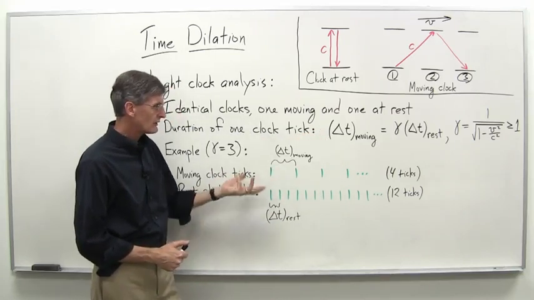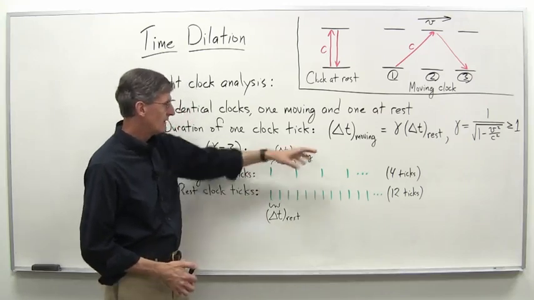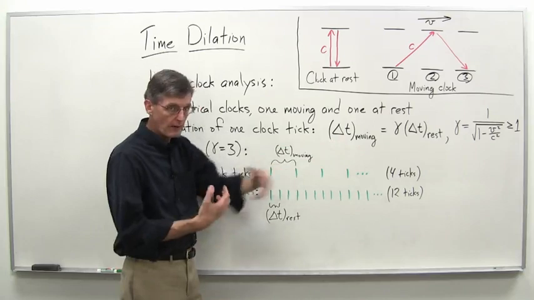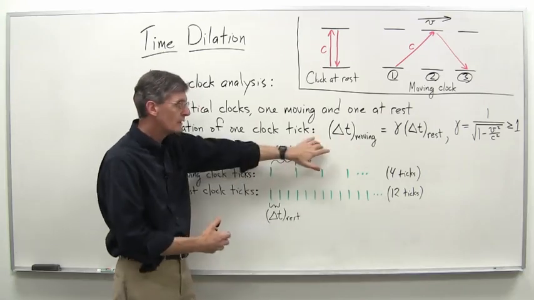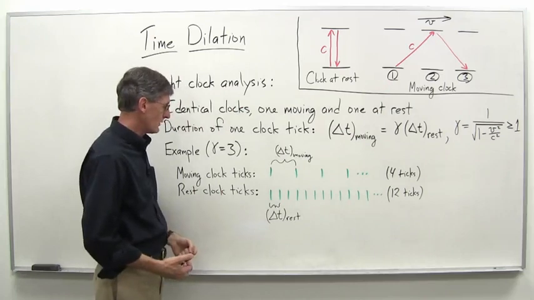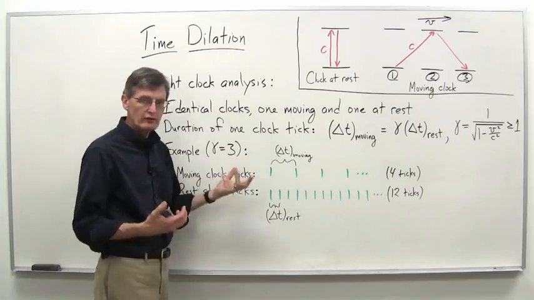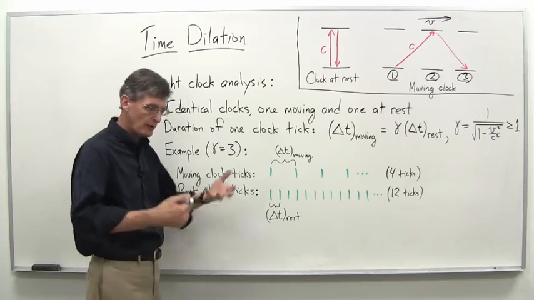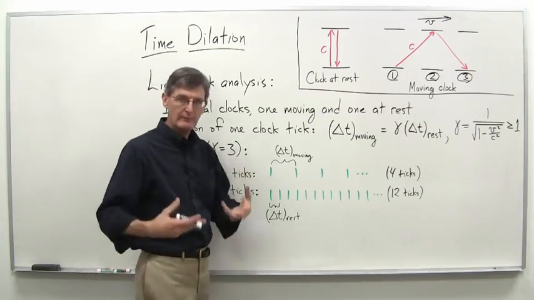And so clearly we had the moving clock ticking more slowly, from Bob's perspective observing it, ticking more slowly than his rest clock there. Okay? Well, again, we're not so much interested in number of ticks. We want elapsed time. I like to say, okay, Bob measures some elapsed time on his clock.